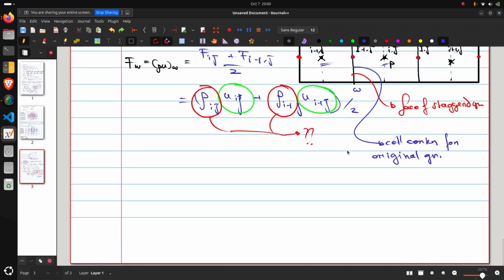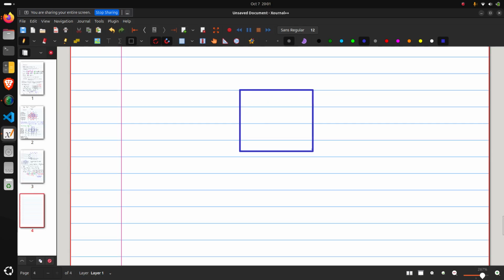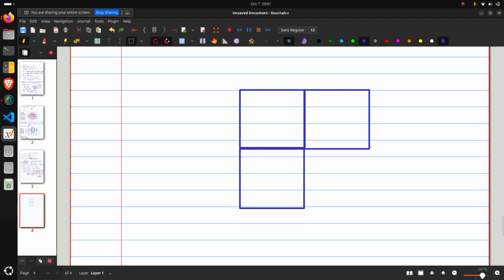Okay, just give me 1 minute. I'll try to explain again. Let this be the original cell. Let me draw a fresh one. This is the original mesh, and these are the cell centers.